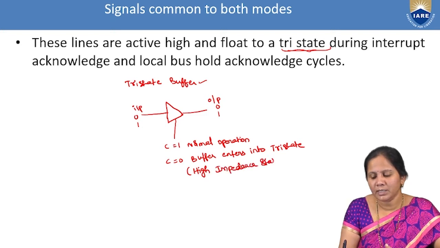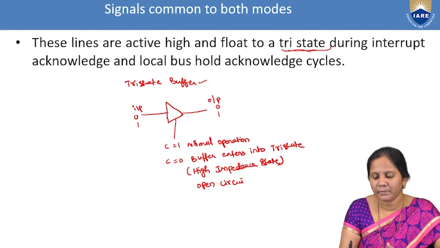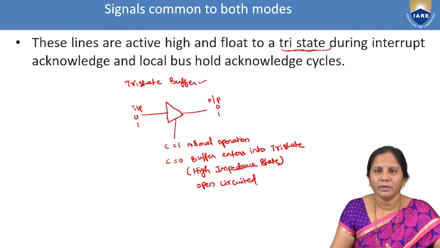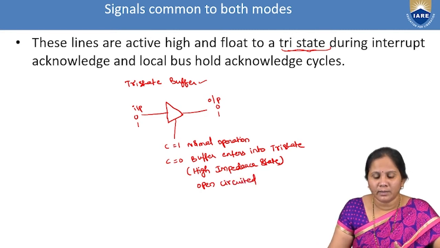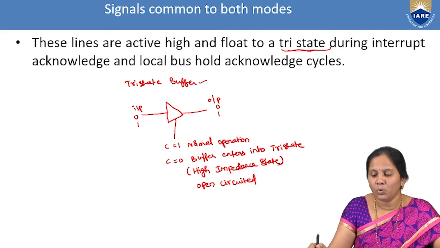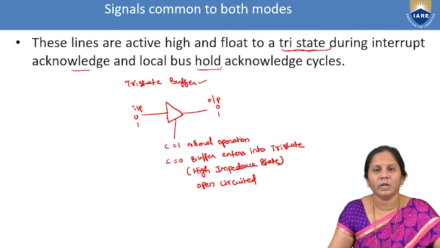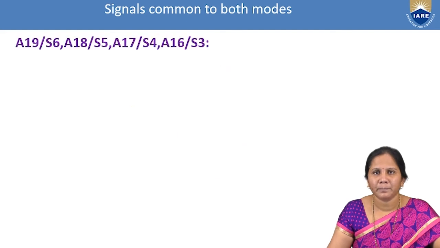High impedance state means it almost gets open circuited. So these lines are active high and will float into the TriState only during interrupt acknowledgement or local bus hold acknowledgement cycle.